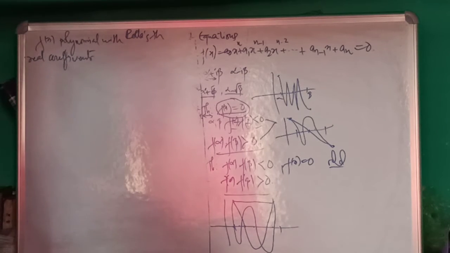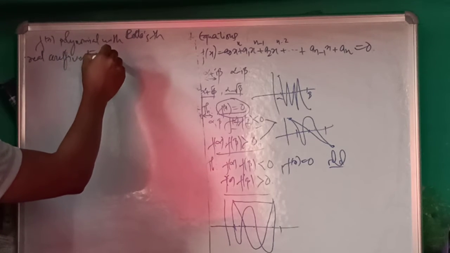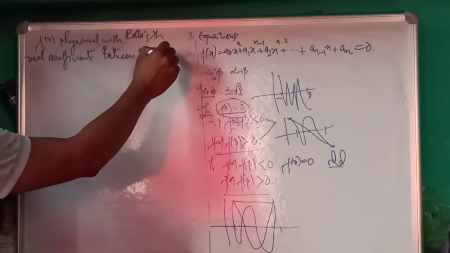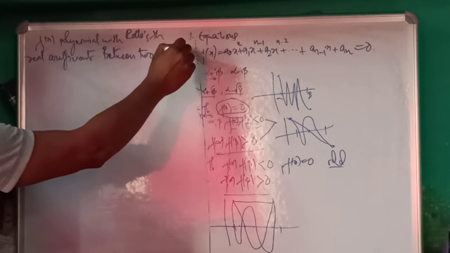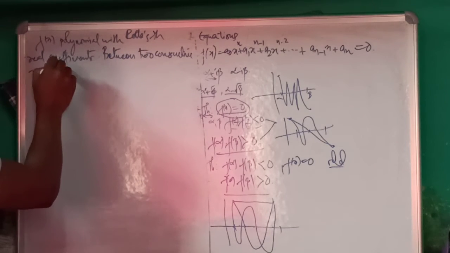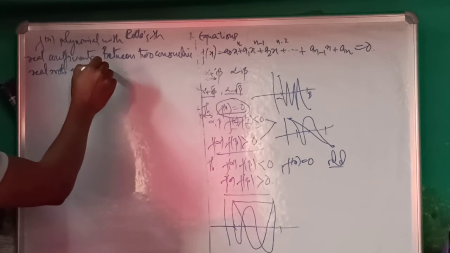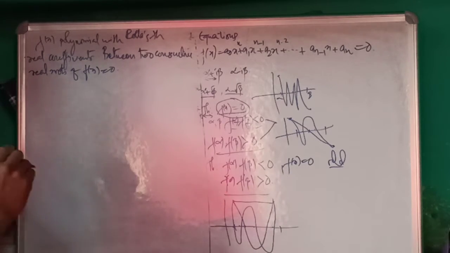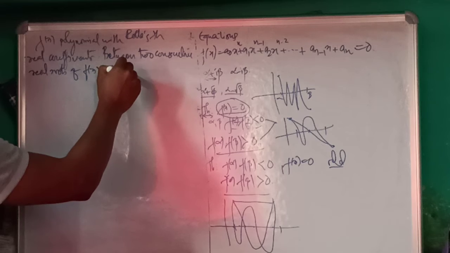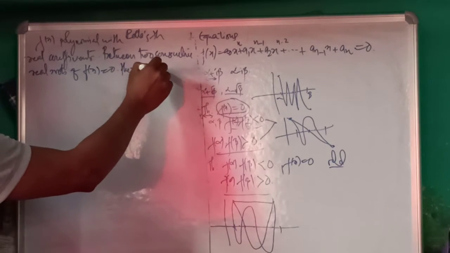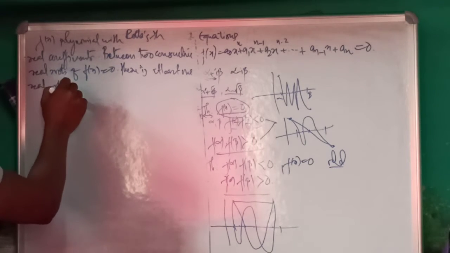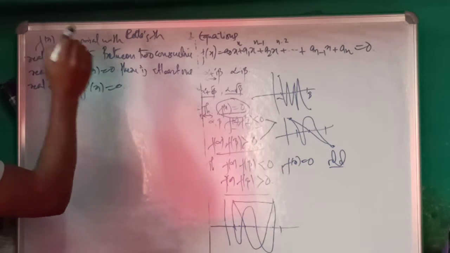Between two consecutive real roots of f of x equals 0, there is at least one real root of f dash of x equals 0.